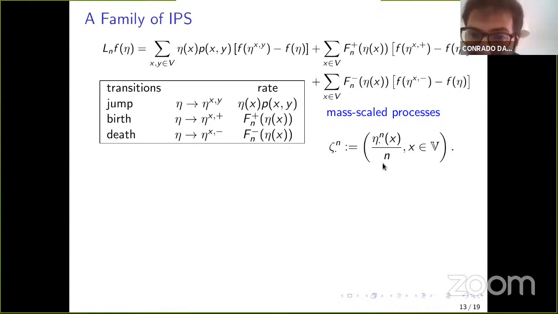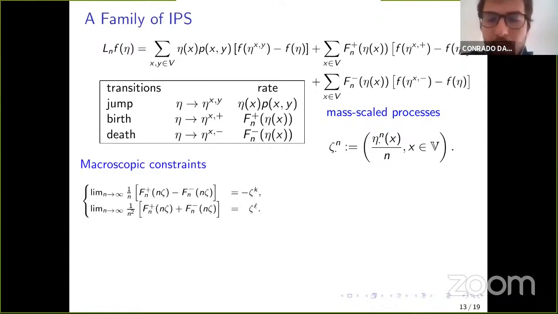The total mass has to be compensated by the level. So we divide by n to have a representation of what's happening in the total mass process. So that's the scaling for our macroscopic object.